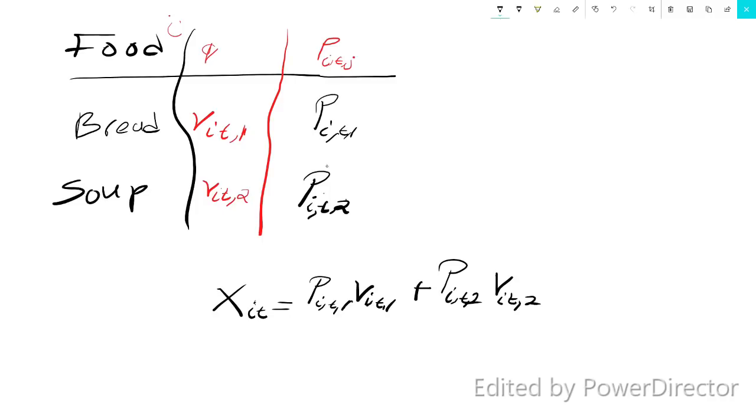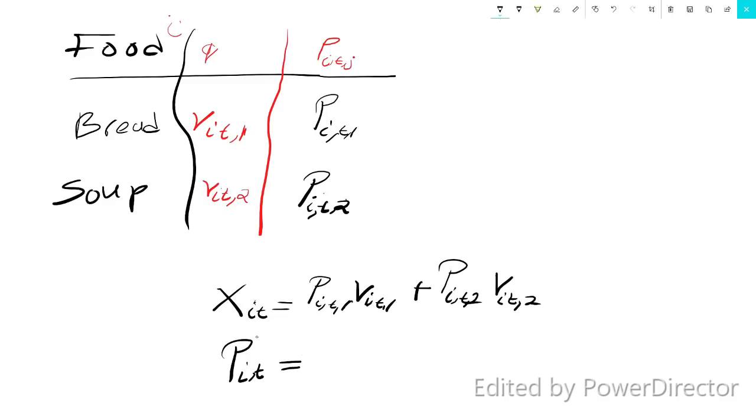Now you see that we have a lot of prices. Although I'm somehow simplifying food, food could be much more than bread and soup, right? It contains vegetables, oils, etc.